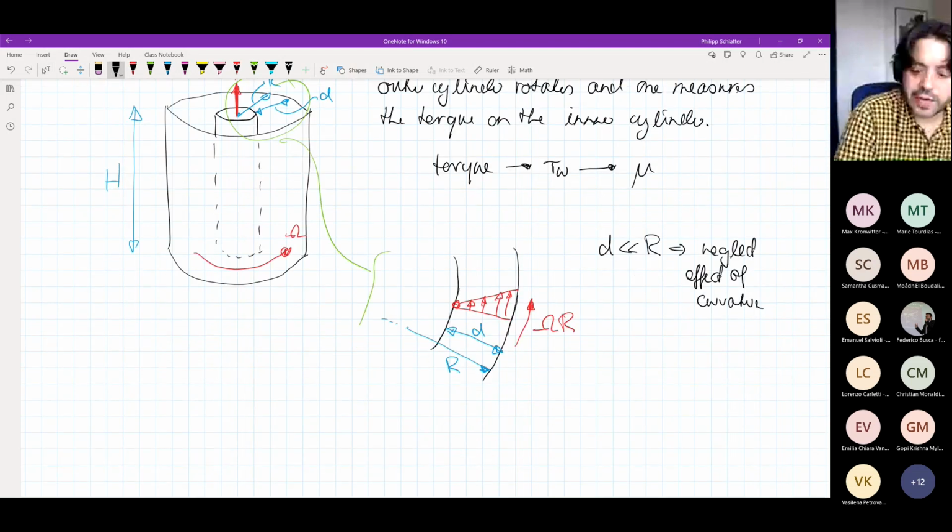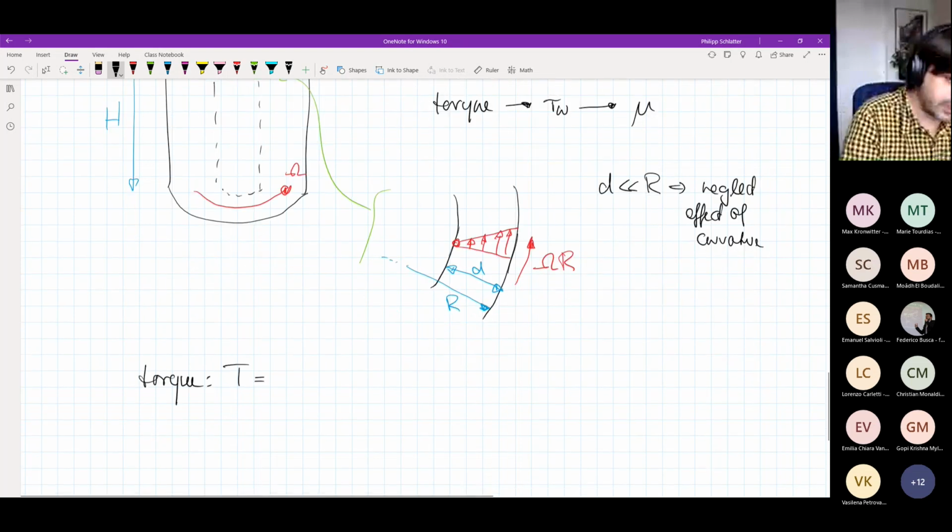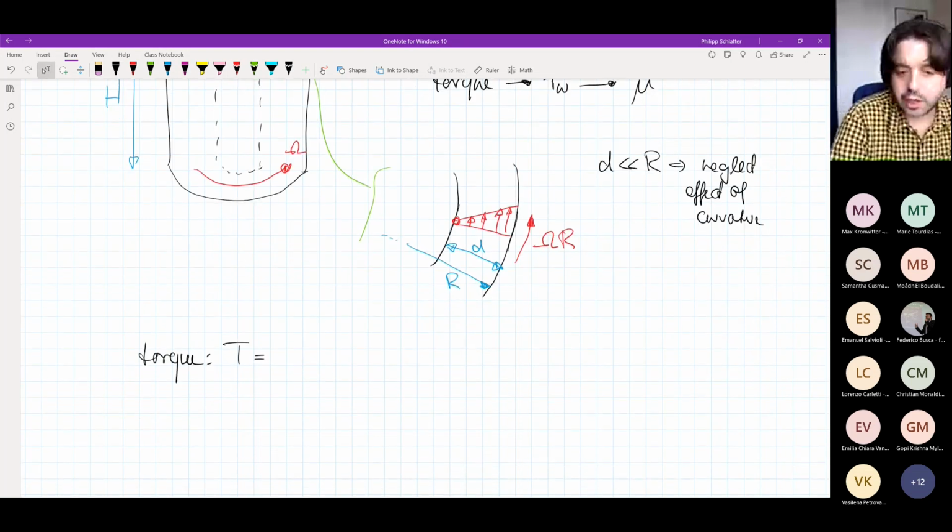But now let's try to calculate the relation between the speed, omega, and the torque that you measure. So how would you measure the torque? Well, the torque essentially is a force times a distance, as you all know, and the force here would be a stress times an area.